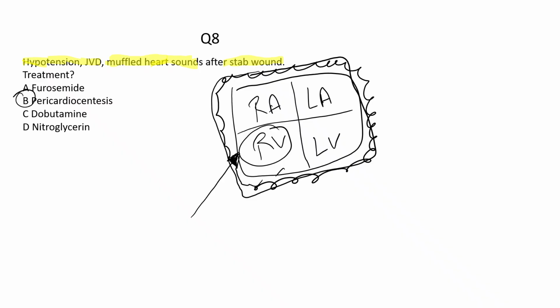So all these other things are pointing to cardiogenic shock, and they're not the right answer. In this case, you have an obstructive type of shock because you have Beck's triad. And you need to relieve the pressure of the pericardial sac by taking fluid out of there via pericardiocentesis.